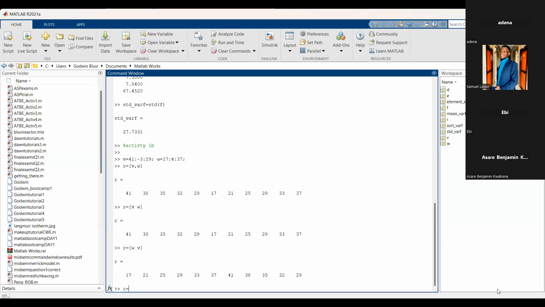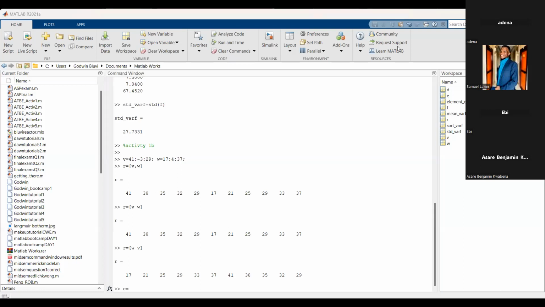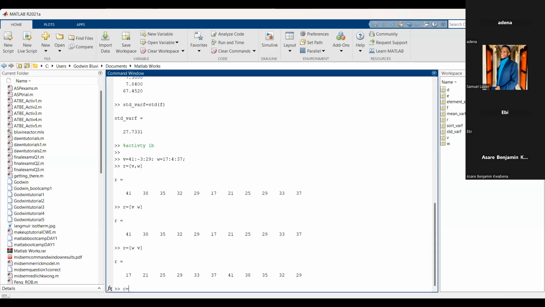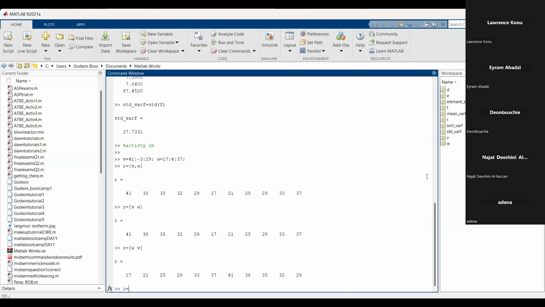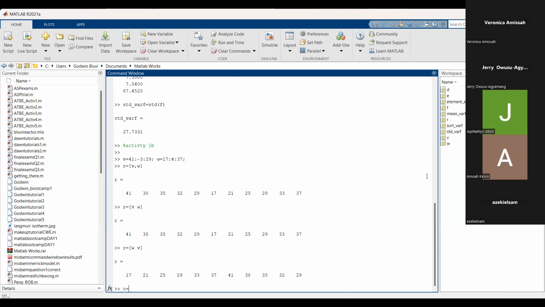Maxwell, how do we create a column vector? Oh, you are typing. I wanted you to unmute and go ahead so that we could move faster, because when you are typing, I have to click on the chat and see what the person has typed. If you can unmute, I'll be very glad so we can move fast. Jerry, what do we do?